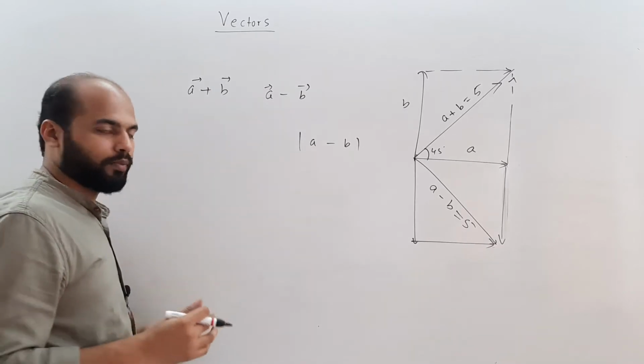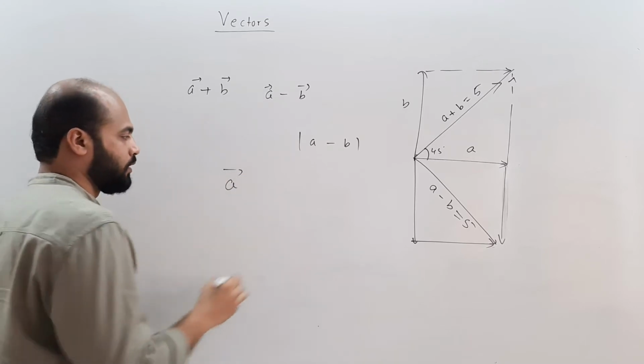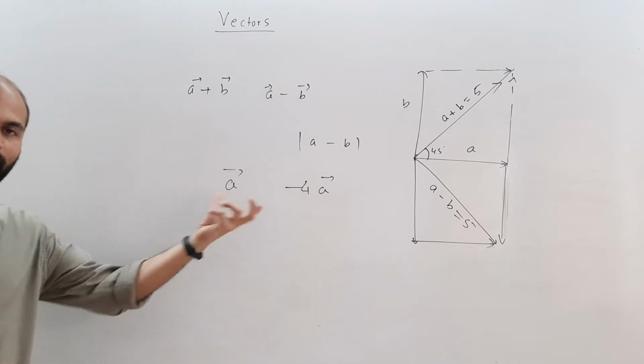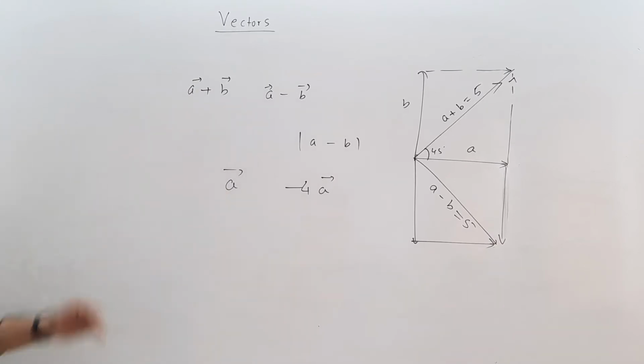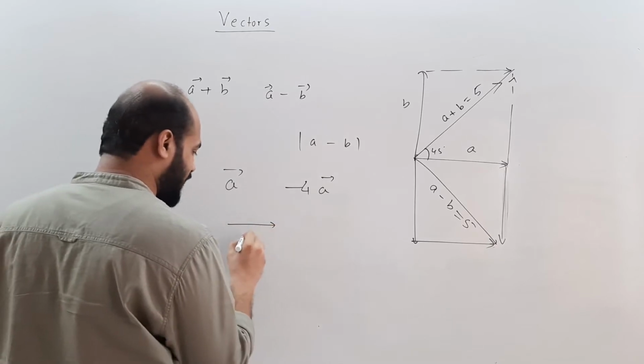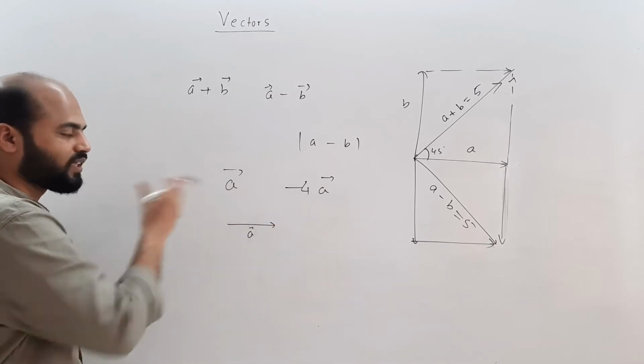In one another problem, let us say that one vector is A bar and the other vector is minus 4A bar. We have to find the angle between these two vectors. If that is the case, then you can clearly see that if this is A bar, then 4A bar would be 4 times this vector.